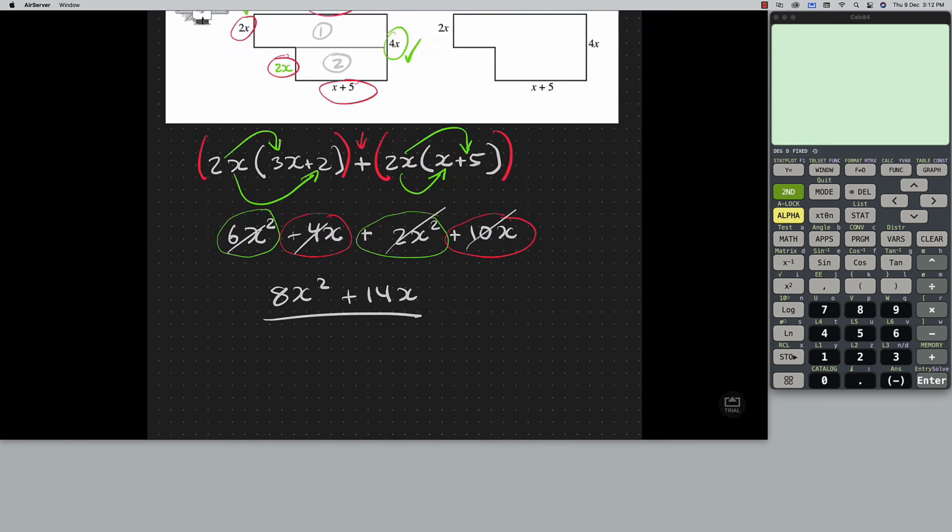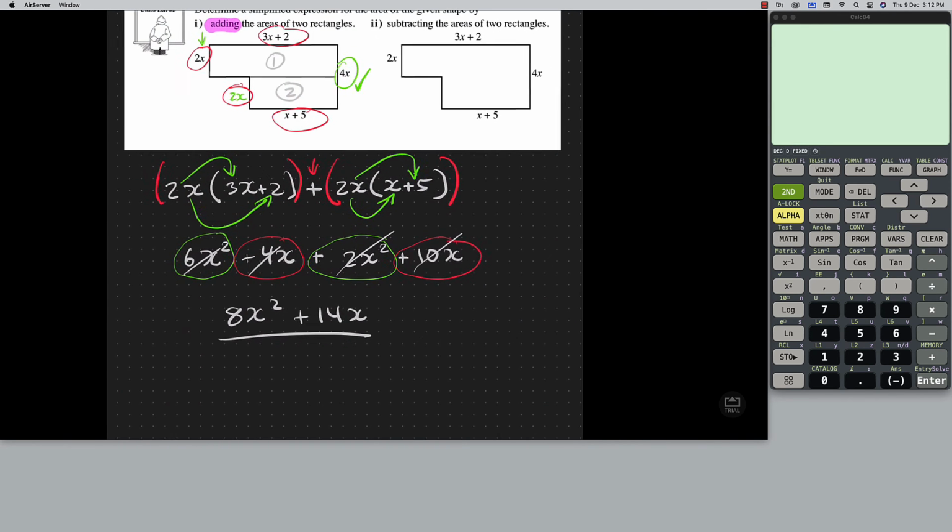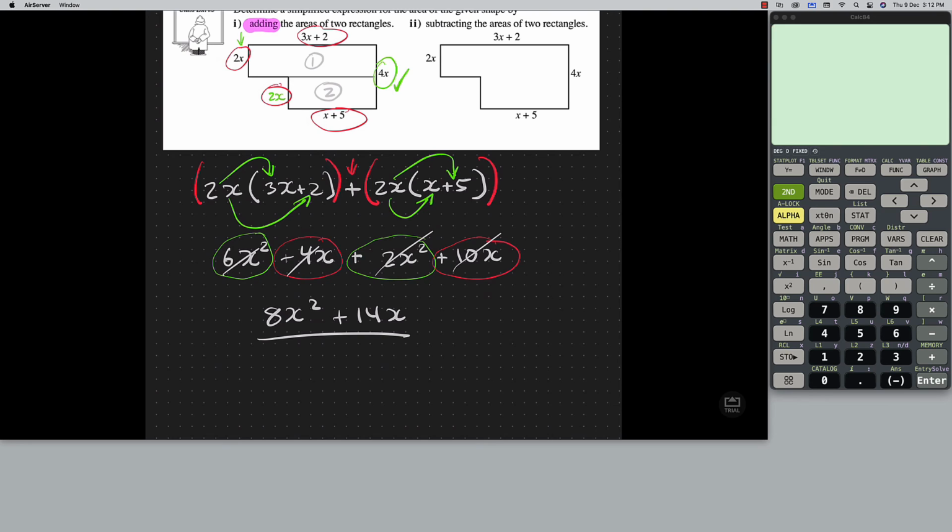Okay, now on the second one, we're basically going to be subtracting them. How would you do that? Well, we could pretend that there was another portion right here, and I would take the area of the whole thing that's going around here like this, and from that I'm going to subtract this little part in here, and that will give me what's left.